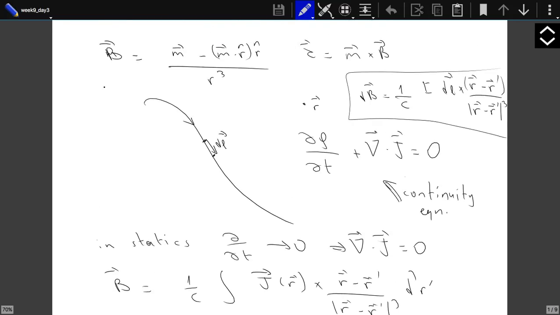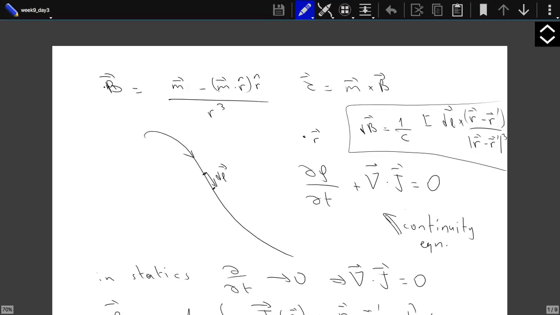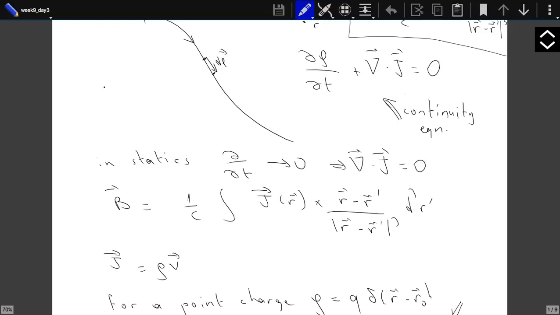And in general, the expression in the rectangle is the magnetic induction created by a single line of current carrying wire. Now, in general, any moving charge system will be creating a magnetic induction.